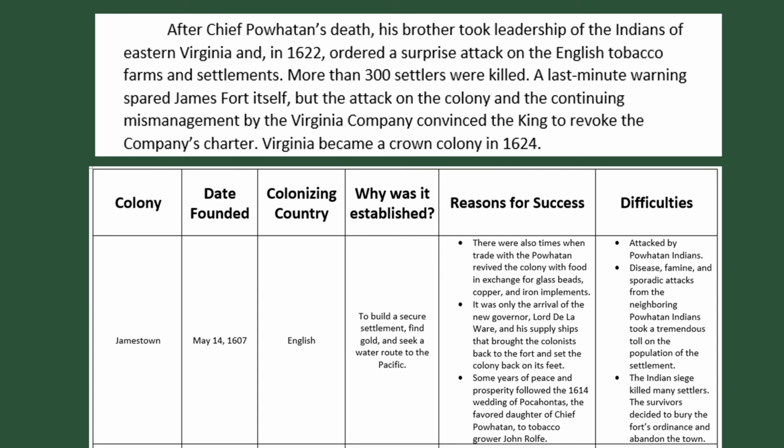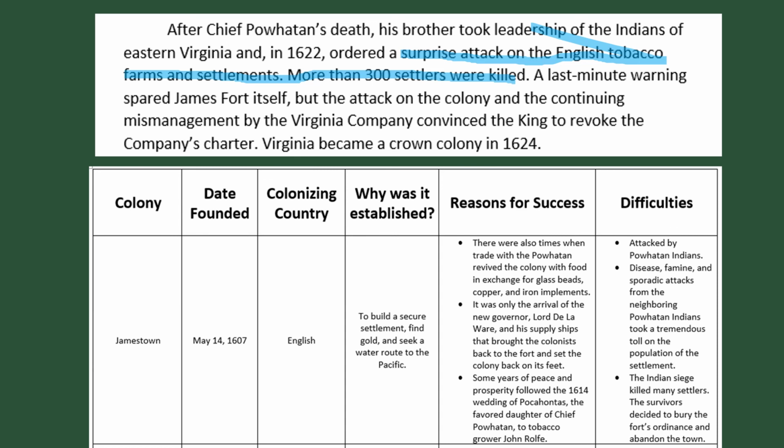So here are some more difficulties for Jamestown. So here there was that attack by Chief Powhatan's brother on the settlers, which was not good. So here we have that surprise attack on the farms and settlements, and more than 300 settlers were killed. And even though the fort itself was spared, due to the mismanagement of the colony, the king revoked that colony because the Virginia Company was the one sponsoring the colony.